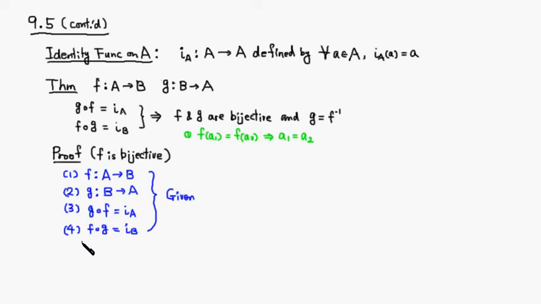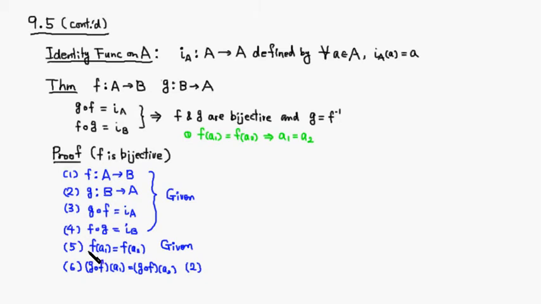Let's start with f of a1 equals f of a2, which is a given. Next line: since g is a function on B, we can apply g to f of a1 and also f of a2.